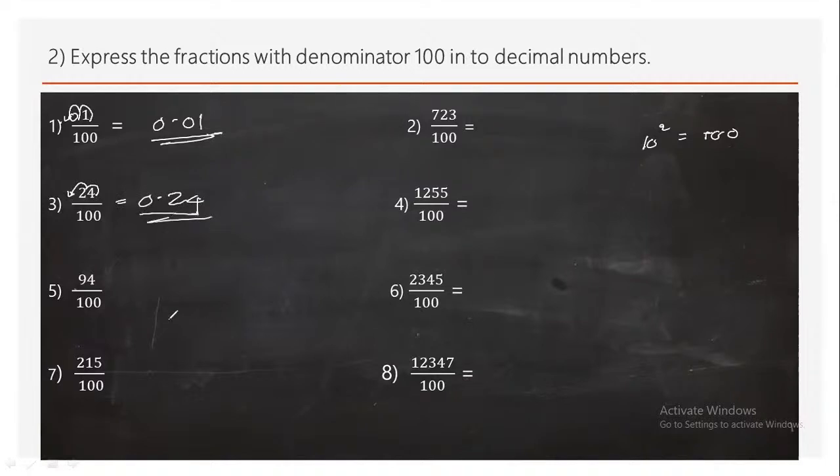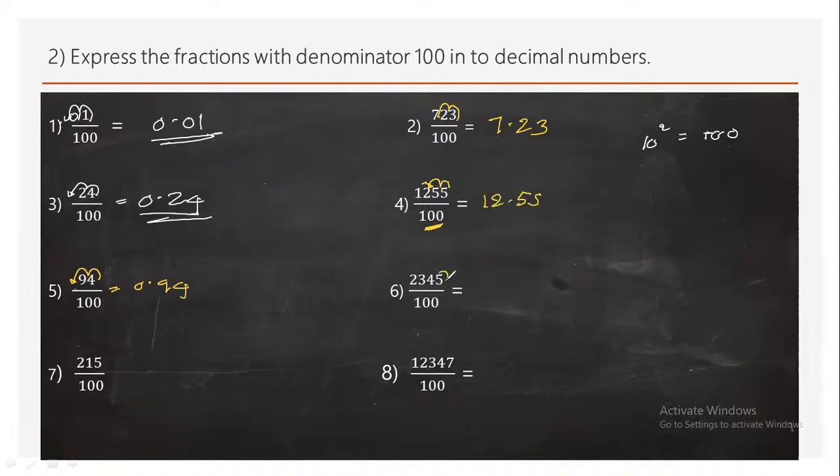When dividing by 100, this one, the fifth question, 94 divided by 100, the decimal point moves 2 places towards the left-hand side, 0.94. Second question, I have jumbled this. 723 divided by 100, it moves 2 decimal places towards the left-hand side, 7.23. 1255: look here, two zeros at the denominator, 2 decimal places towards the left-hand side, 12.55.